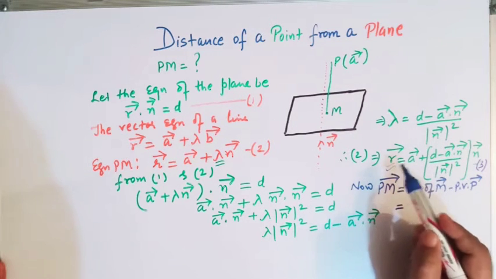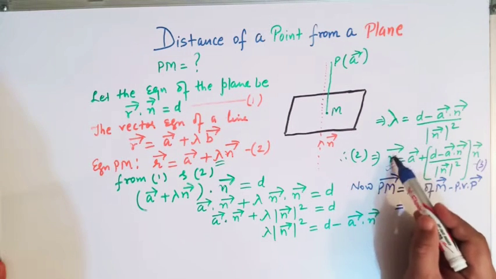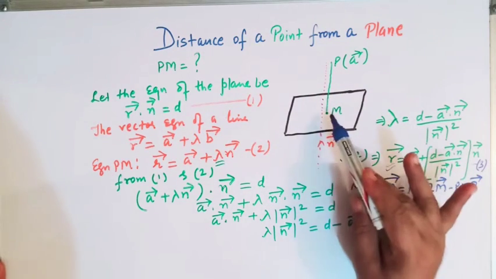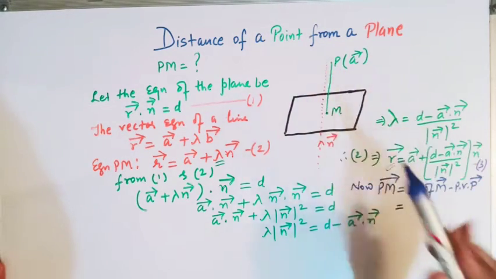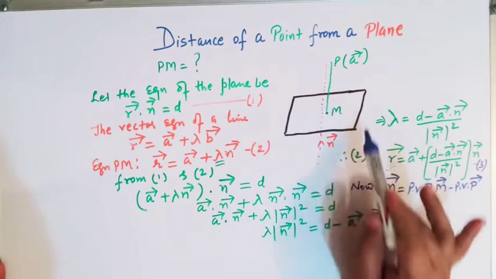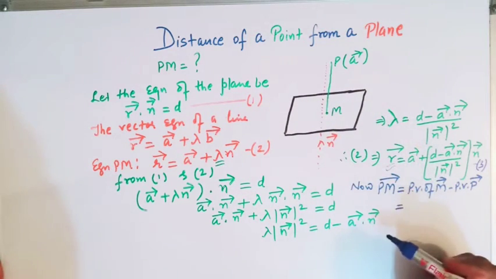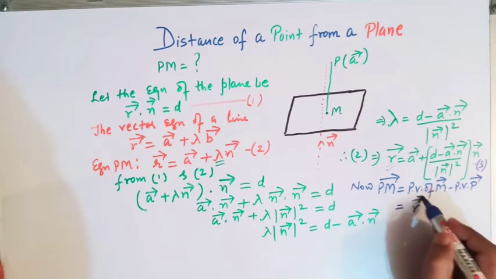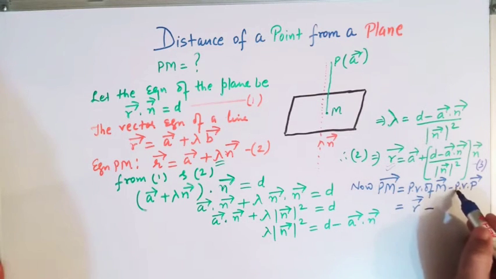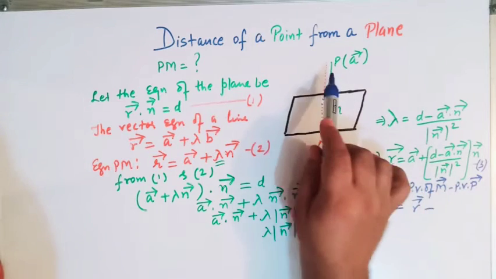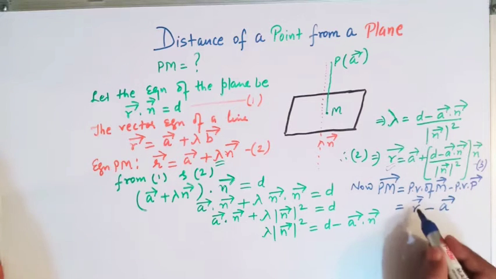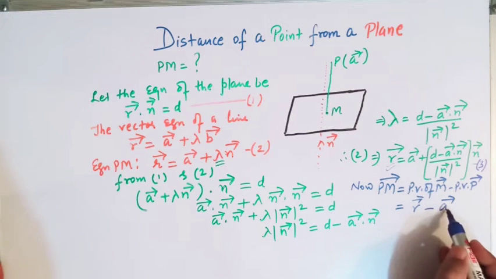Why? Because this vector r is a general point on this line PM, and M is a point which lies both on the plane as well as on the line. So here we have this vector r, and the position vector of P, that is vector A, so we have vector r minus vector A.